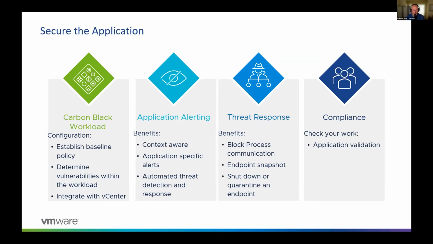One of the other really nice things that Carbon Black Workload does is a vulnerability scan of those workloads that have been enabled within the Carbon Black Workload. Those vulnerabilities produce a number. That number is a Kenna score. It's not just a CVSS number, which is a pretty static number.